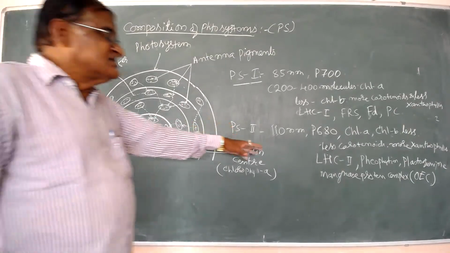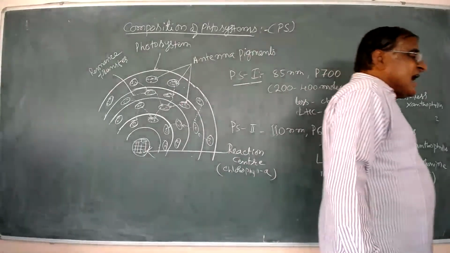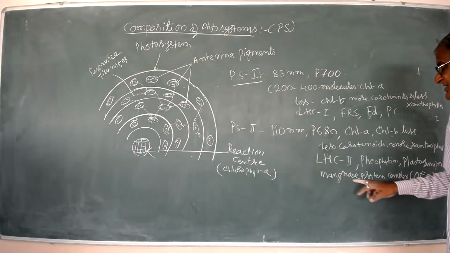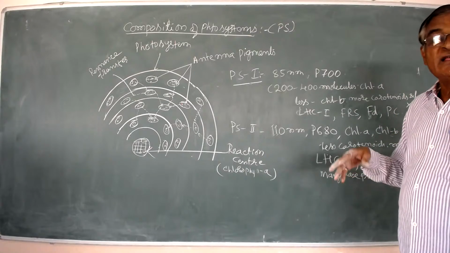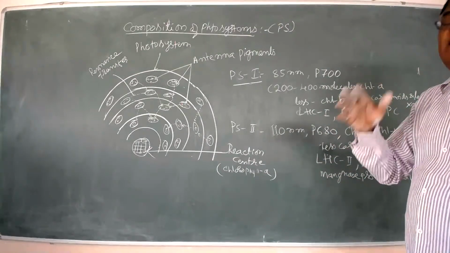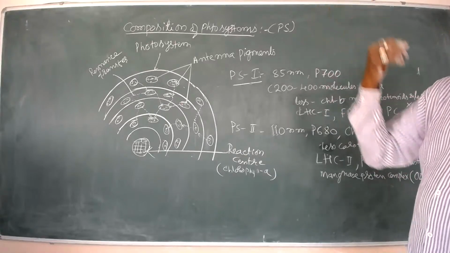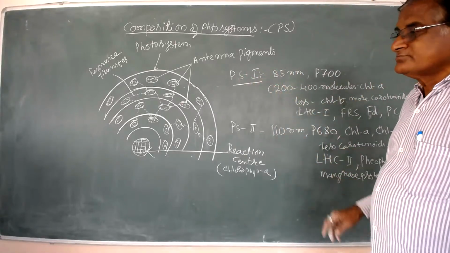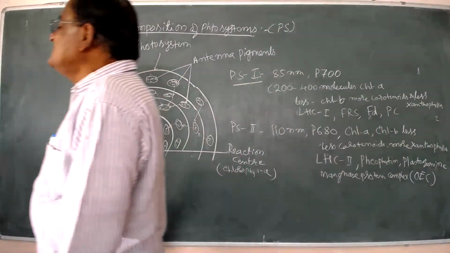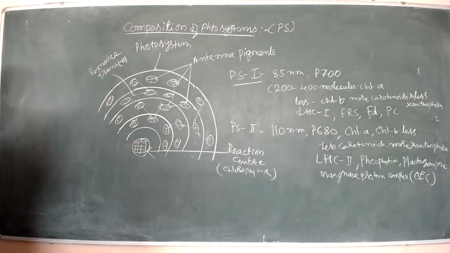Among them, these complexes have iron compounds, and there is the manganese protein complex, where Mn and Cl will be there. This complex protein is helpful to liberate the oxygen from the water. Now coming to the mechanism of photosynthesis.